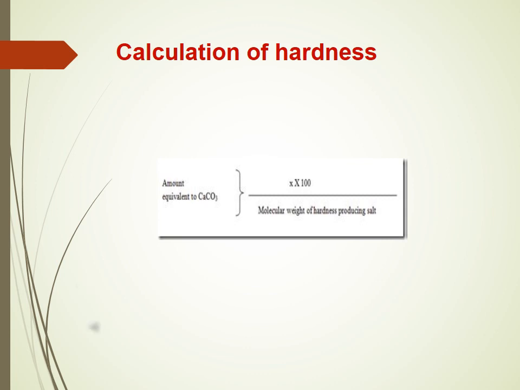If such impurities are given in the question, we have to ignore them because these substances do not cause the hardness of the water. One thing you should always remember: all the carbonates and bicarbonates of calcium and magnesium are taken as temporary hardness, and all the chlorides, sulfates and nitrates of calcium and magnesium are taken as permanent hardness.